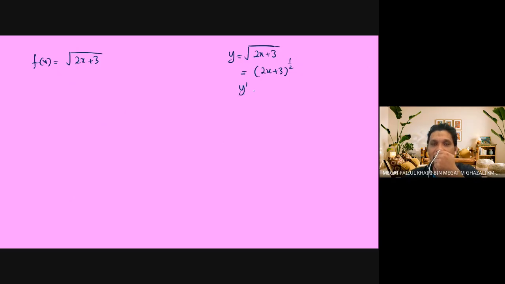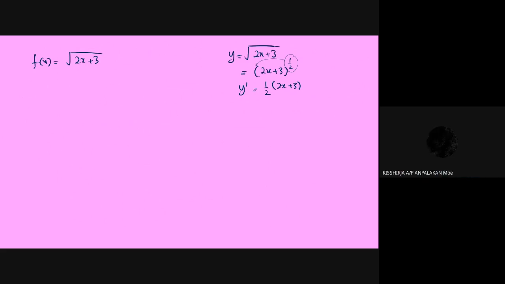So then y prime, or dy dx, bring half to the front here: 1 over 2, 2x plus 3, to the power of half minus 1. Half minus 1, negative half. Okay, good.